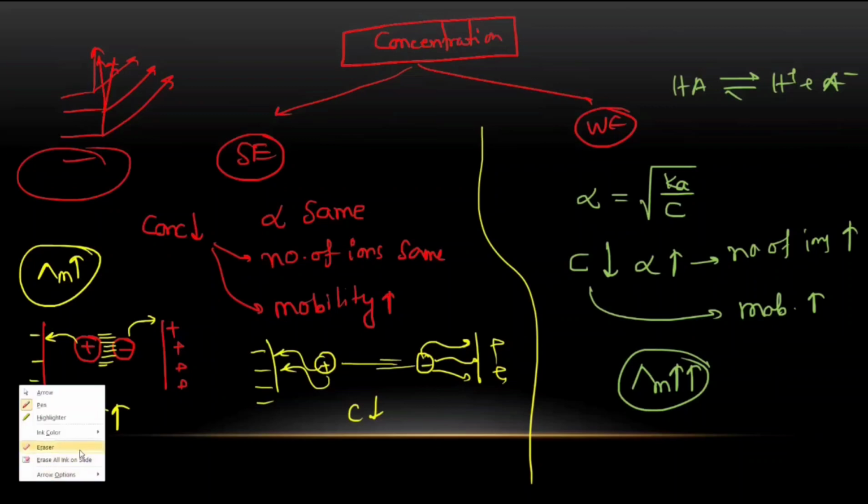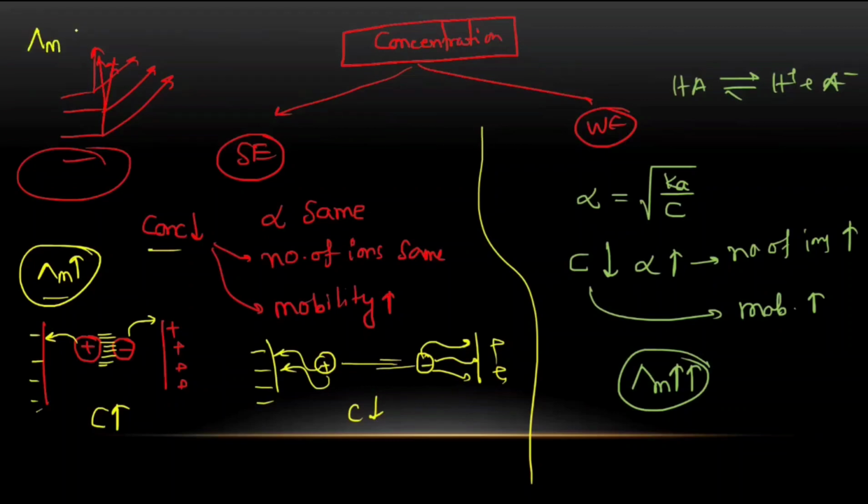Now there are two very, very important graphs. Listen to me very carefully. For strong electrolytes, there is a relation between concentration and molar conductance. The relation is lambda m equals lambda 0 m minus b root c.